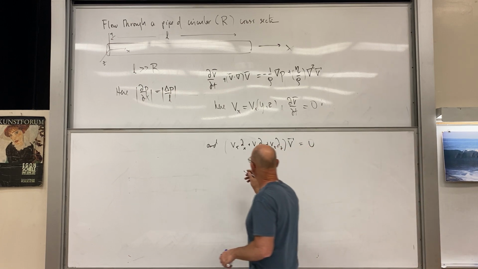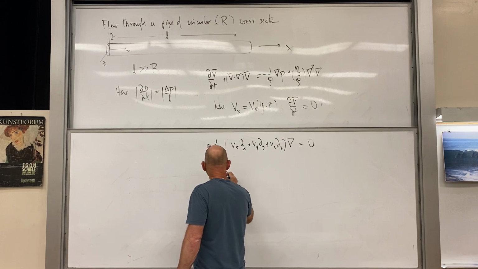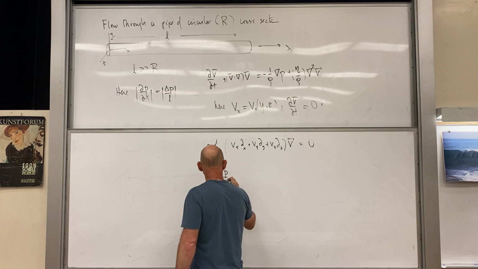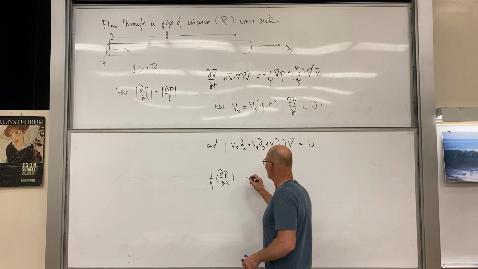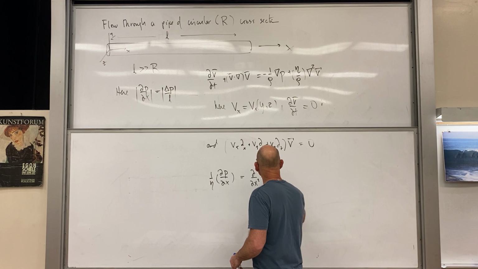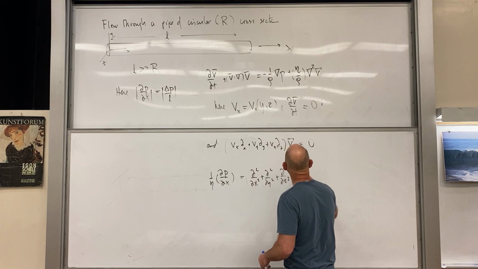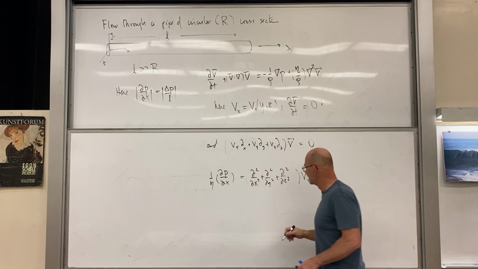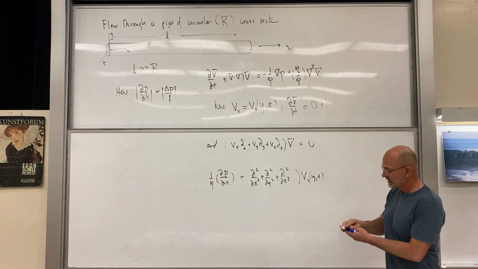And we again have dp dx over 1 over eta is equal to d squared dx squared plus d squared dy squared plus d squared dz squared of Vx. Of course, since we said Vx of y and z, we're not going to have the x term.